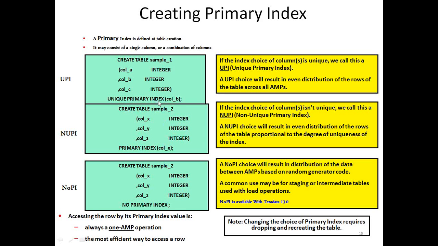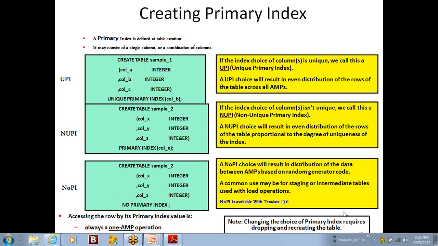A unique primary index won't allow duplicates, and a non-unique primary index allows duplicate values in that column. And we have to create this index at the time of table creation only. After table creation you cannot change it. If you want to change it, you have to drop the table and recreate it. If you have data, you have to take a backup of the data, drop the table, recreate the table with the new index, and then get the data back from the backup table.